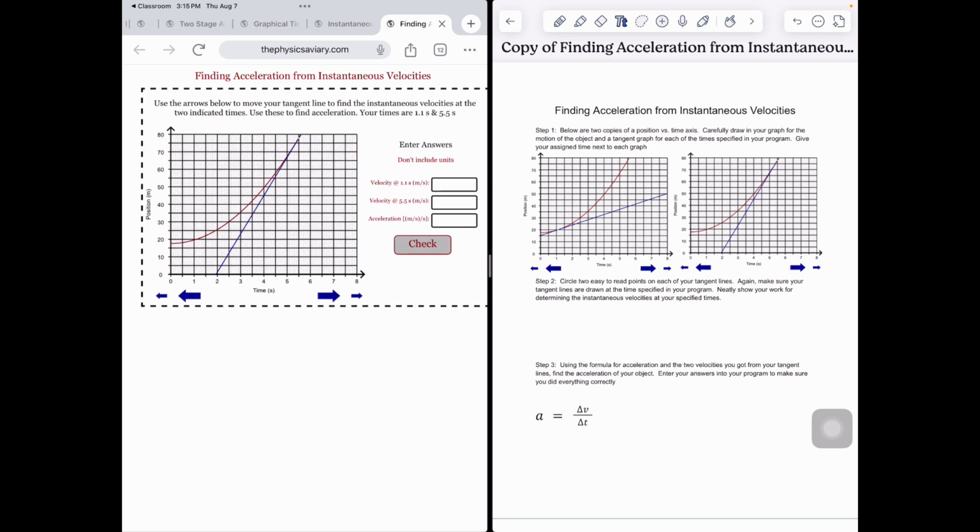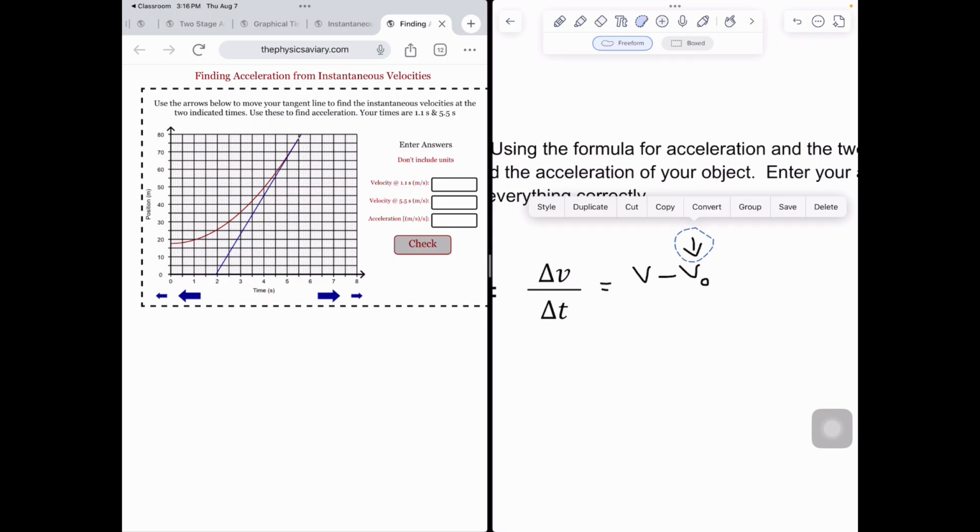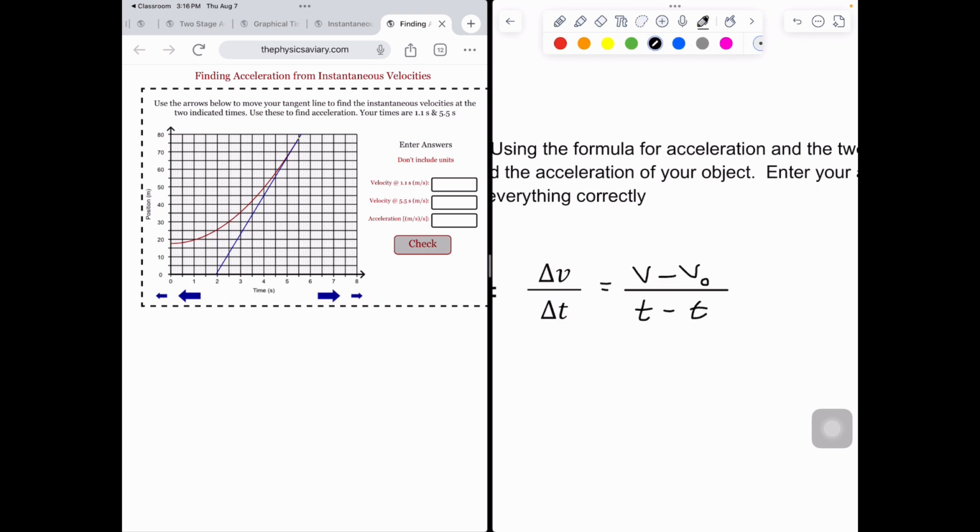So now I'm going to find my instantaneous velocities at 1.1 seconds and 5.5 seconds, and then I'll throw that into my equation down here. Now keep in mind, delta V over delta T means V minus V naught, so this is final velocity minus initial velocity, over T minus T naught. Now, normally T naught would be 0.